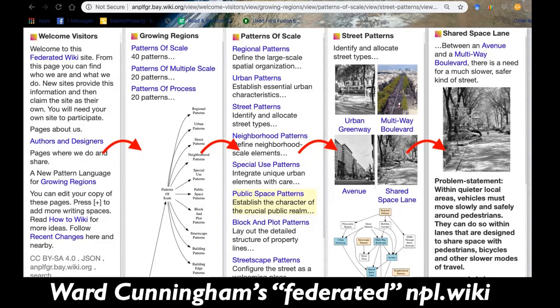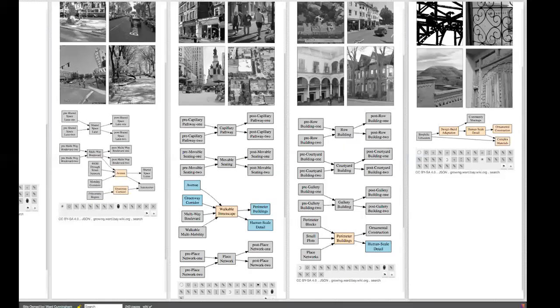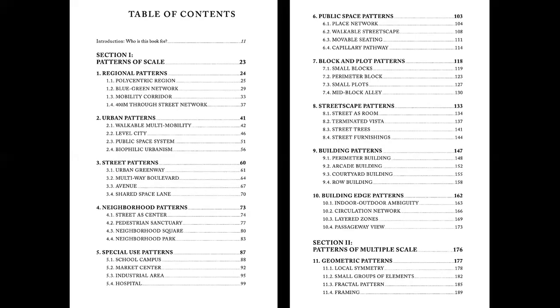Again, the beauty of the pattern language methodology is that the hyperlinks create these web-like overlaps and nearly decomposable hierarchies and so on. Here's what some of the different pattern groupings look like. You can see again the relationship between all those different patterns and the categories and the relationship between the categories and so on. And then here's the table of contents.